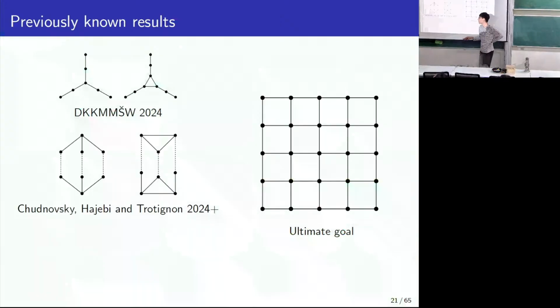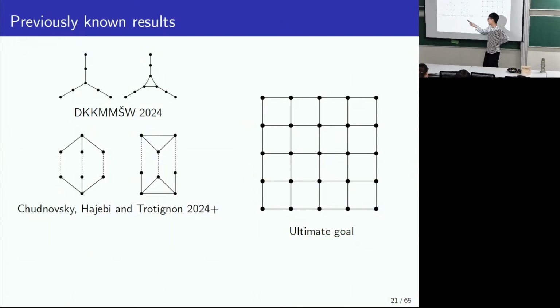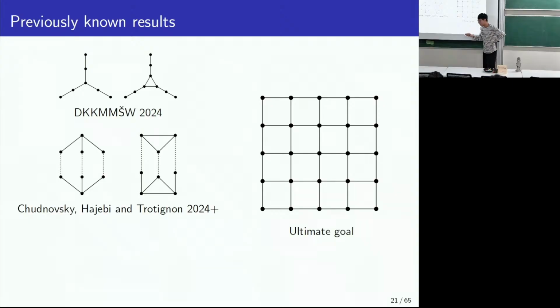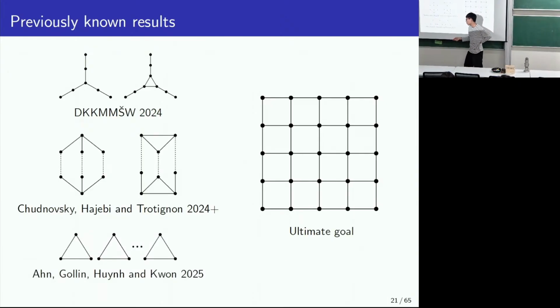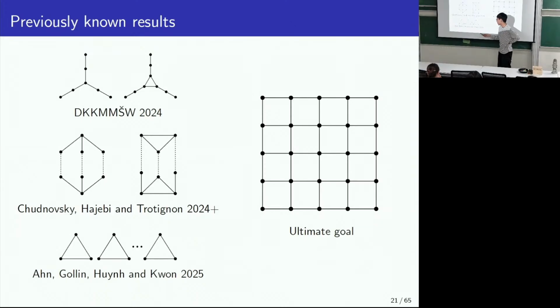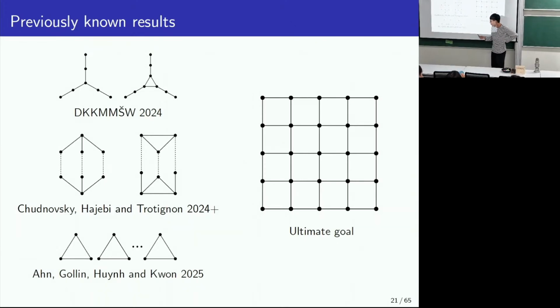Later, Maria Chudnovsky, Stefan Hajebi, and Sepehr Hajebi showed that if we forbid this theta and prism as induced subgraphs, we will have bounded tree independence number. And also, Jongwan, Pascal Gollin, Tony Huynh, and O-joung Kwon showed that we can also find this disjoint union of cycles.